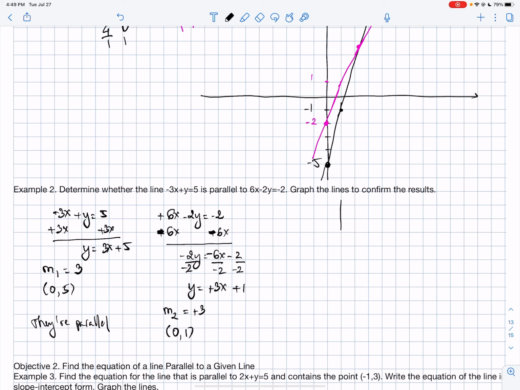Now we want to graph the two lines to confirm the result. We graph the first one, beginning from 5 on y, and then the slope is 3, so we go 3 up, we will hit 8, and we turn right 1.